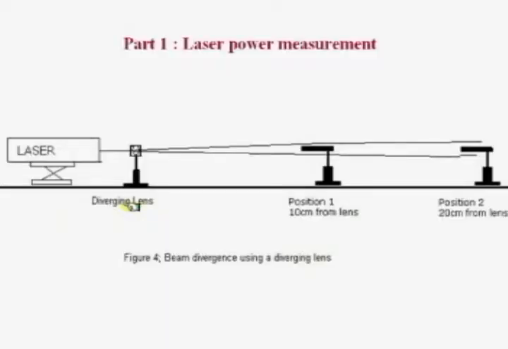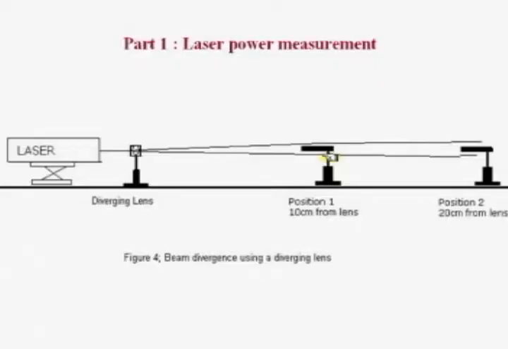Therefore, we need to put a diverging lens here, and that diverging lens will allow the beam to be exactly equal to the active portion of the detector head. Then it gives the correct reading. When the beam is broader than the detector head, we also get a wrong reading.